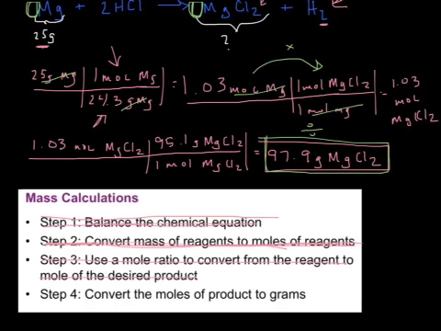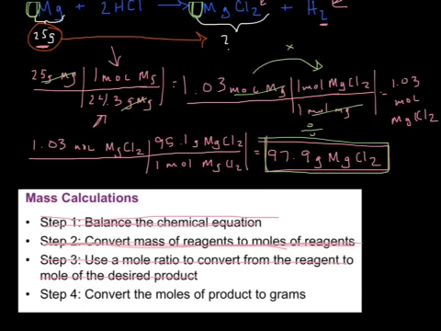What we are saying here is we are starting with 25 grams of magnesium. After this reacts, 1 mole of magnesium reacts with 2 moles of hydrochloric acid.